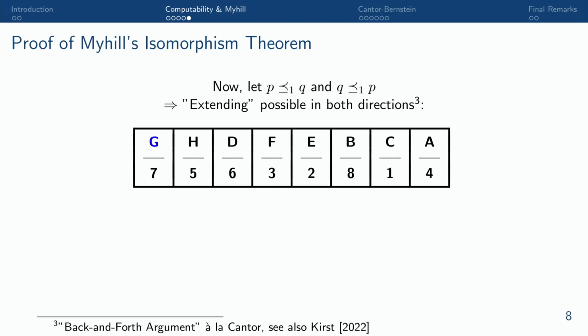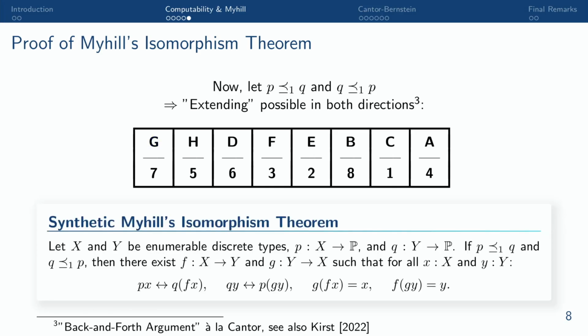It has the name of back and forth argument because it's always this back and forth between, in this case, the letters and the numbers. And motivated by our work, also Dominic Kirst published a paper about further examples of back and forth arguments. And as I said, this converges now to the final bijection and is also possible for infinite types because we know that in the nth step, the nth element is added to the correspondence sequence, and this proves then exactly the isomorphism theorem of Myhill.